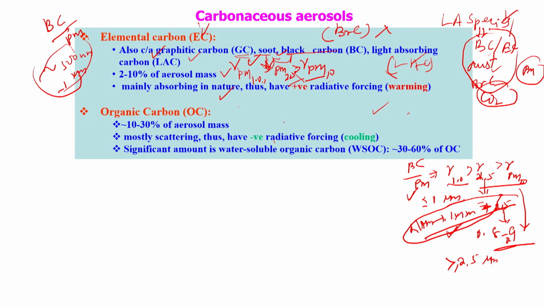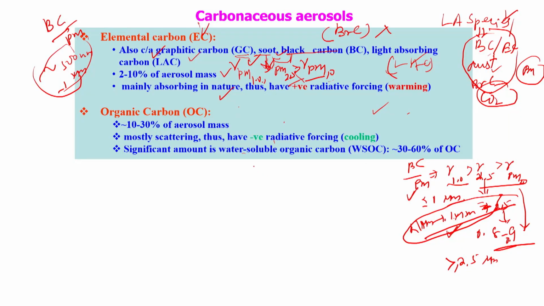So, the total concentration of black carbon, if you calculate it in the different size fractions, will not increase in that proportion compared to the PM10, because if you remember, the PM10 or coarse mode is mostly dominated by the dust aerosols and then sea salt aerosols. So, their contribution will be much higher. So, the ratio will be lower.